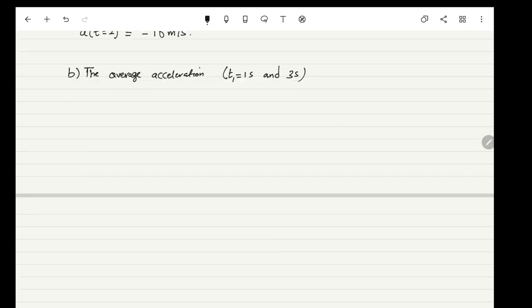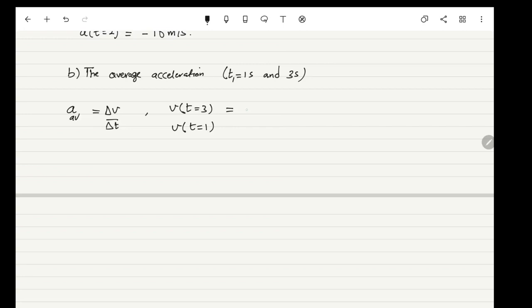Now the average acceleration for the time interval 1 second to 3 seconds. The average acceleration here equals delta v over delta t. So we need to calculate v when t equal to 3 seconds and v when t equal to 1 second.